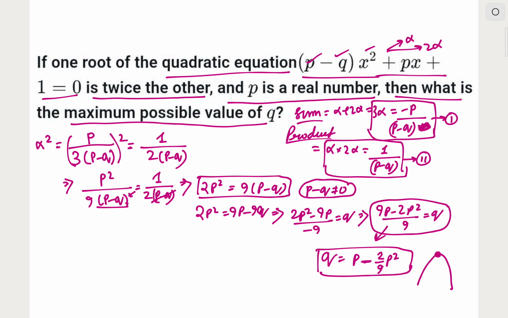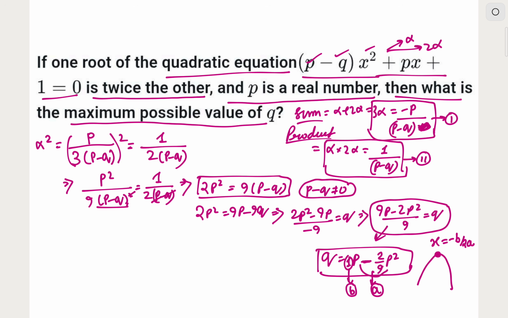The maximum value for a downward facing parabola occurs at x equal to minus b by 2a. If the equation is minus 2 by 9 p square plus p, then minus 2 by 9 becomes a, and before p there is 1, so 1 becomes b.